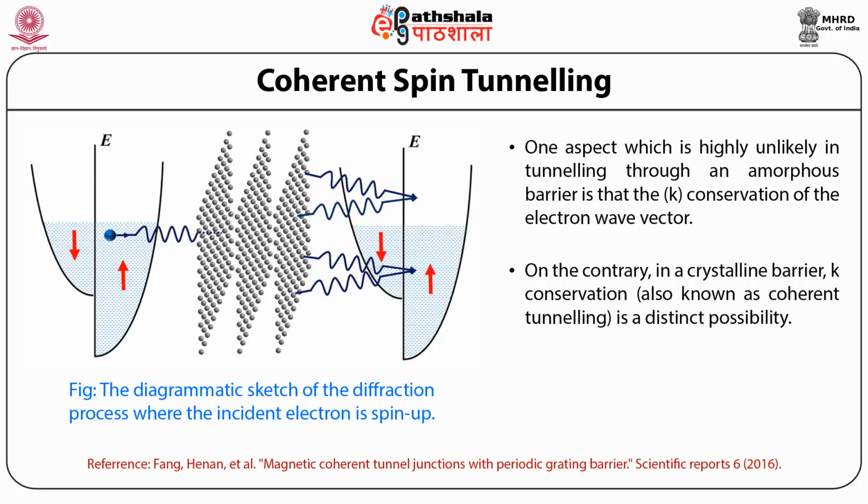This in turn could lead to a very large tunneling spin polarization, even though the average density of states at the Fermi level of the ferromagnet is only moderately polarized.